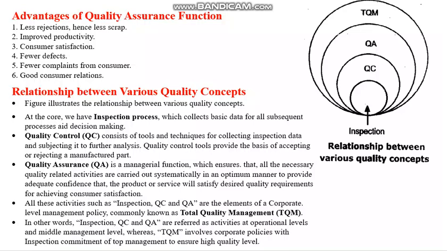In other words, inspection, quality control, quality assurance are referred to as activities at operational levels and middle management level, whereas total quality management, TQM, involves corporate policies with commitment of top management to ensure high quality level. So like this, there are various quality concepts: inspection, quality control, quality assurance, and TQM.